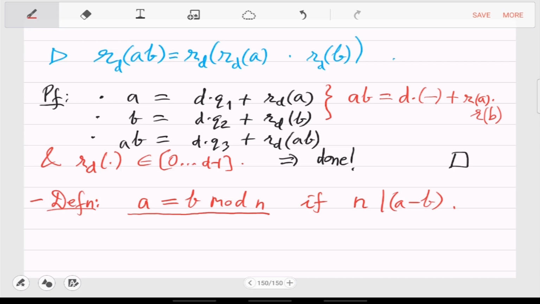You can now talk about equations, and you can say that two numbers I consider equal if they have the same remainder. So A times B's remainder will be the same as the remainder of A times the remainder of B, okay, without keeping track of these exact remainder operators.